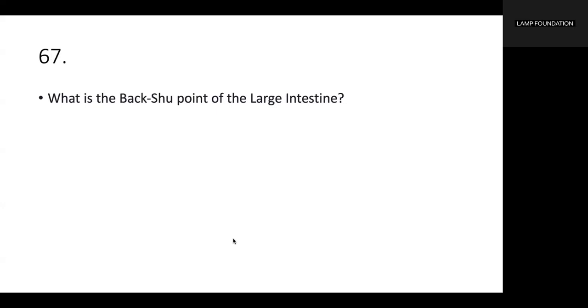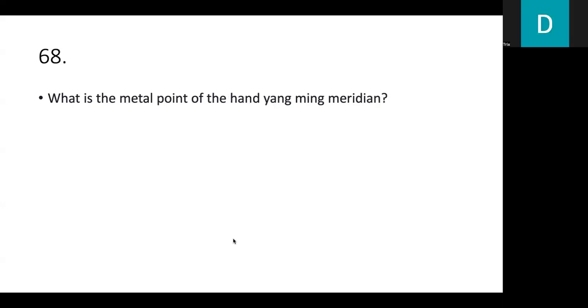What is the back shu point of the large intestine? It's UB25. What is the metal point of the hand Yangming? Li1. What is the water point? Li2.